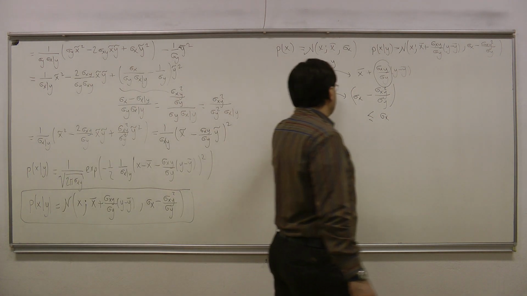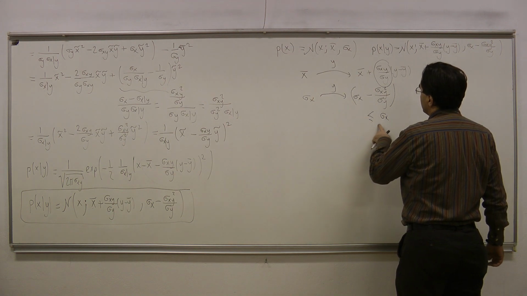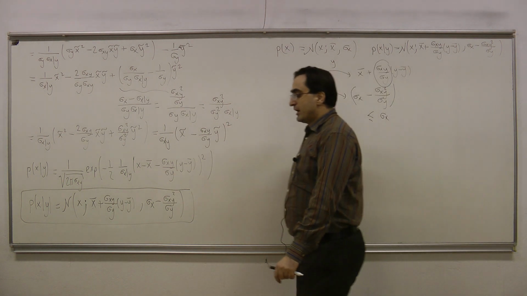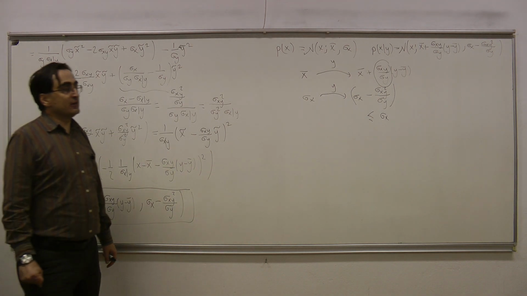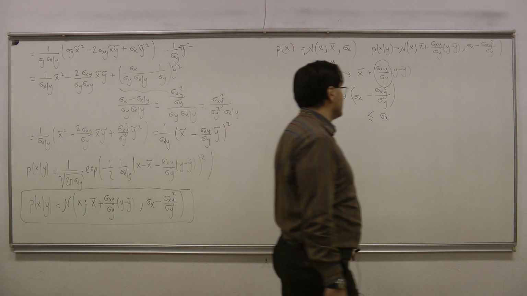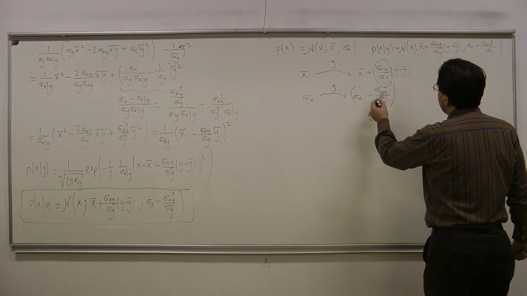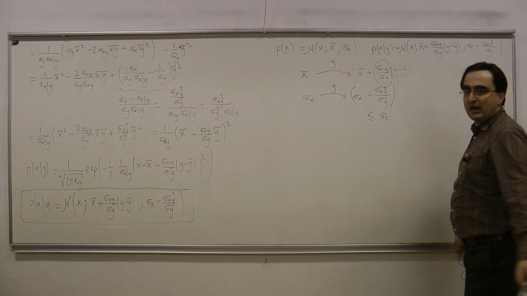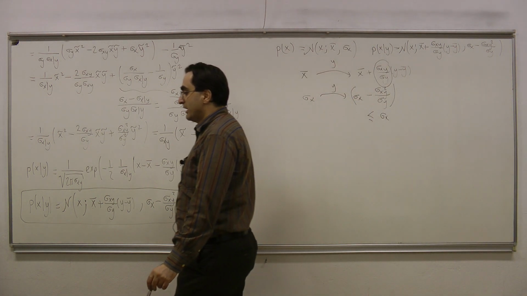Okay? So the measurement of y brings us some information, so that the variance gets smaller when we measure y. An interesting thing here is that this decrease in the variance is not dependent on the actual value of y. This is the magic of Gaussian random variables.